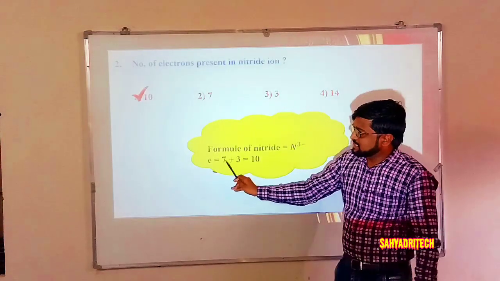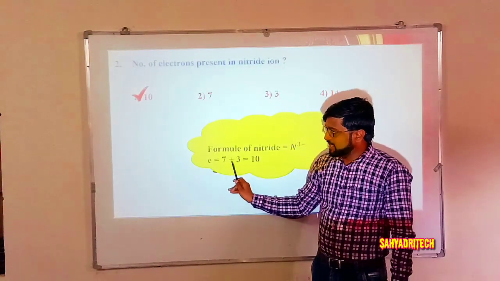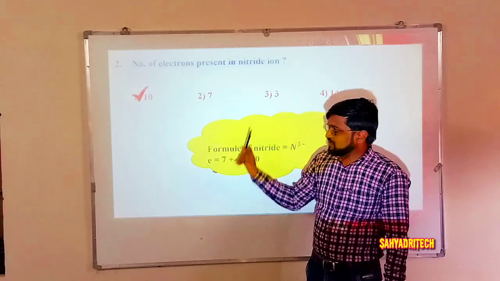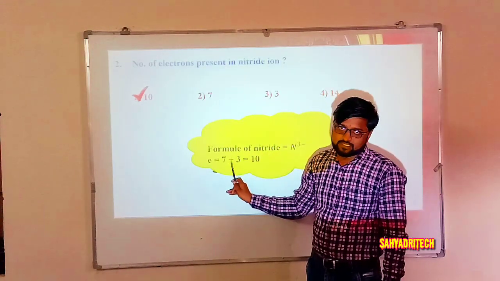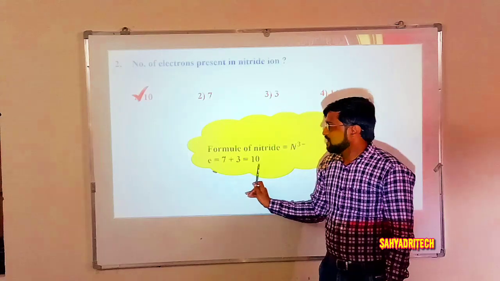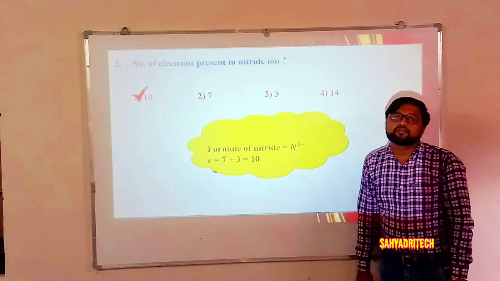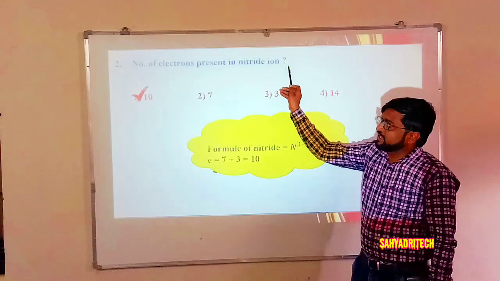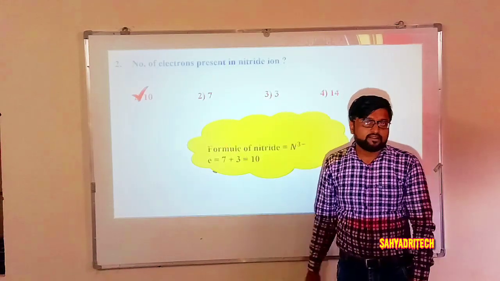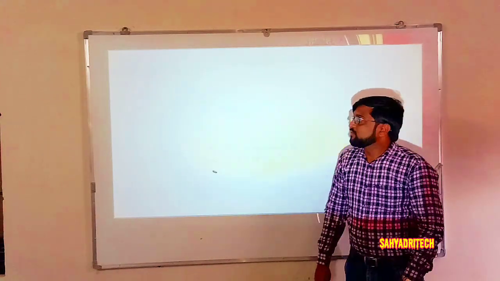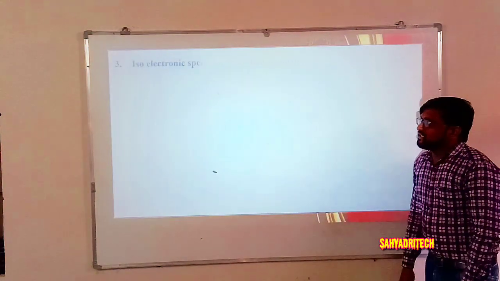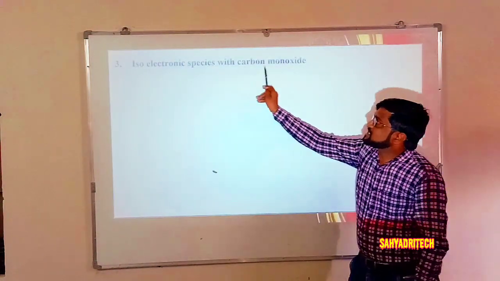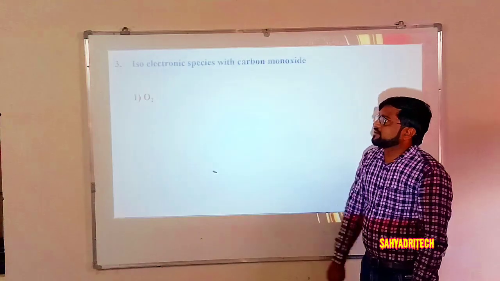So the number of electrons is atomic number minus charge of anion, minus into minus becomes plus, so 7 plus 3, answer is 10. So the question, number of electrons present in nitride ion: answer 10.